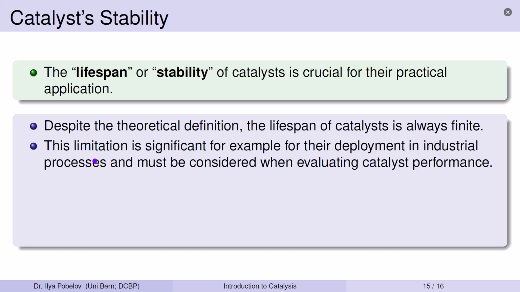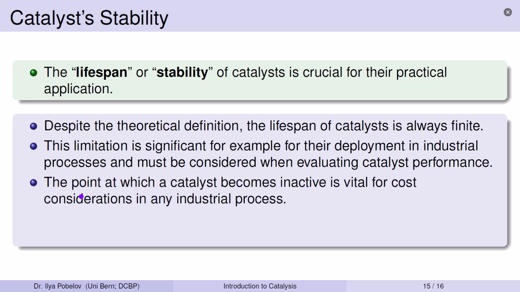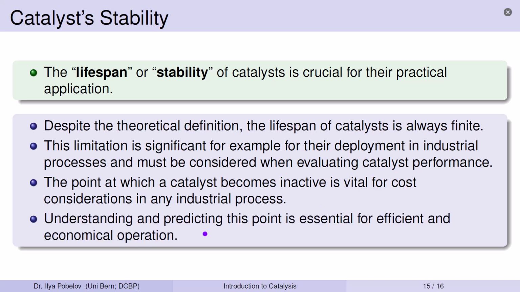This limitation is significant, for example, for their deployment in industrial processes and must be considered when evaluating catalyst performance. The point at which a catalyst becomes inactive is vital for cost considerations in any industrial process. Understanding and predicting this point is essential for efficient and economical operation.